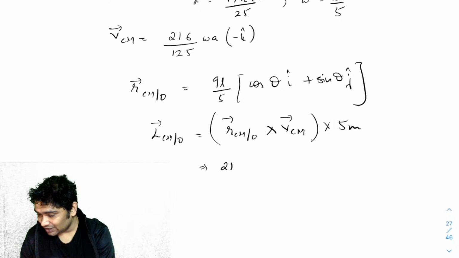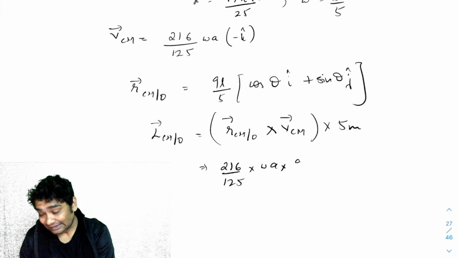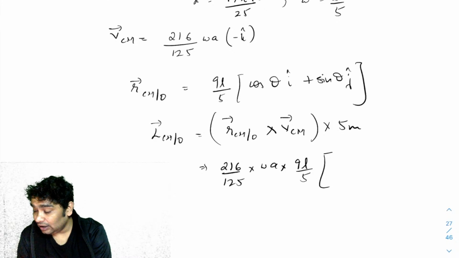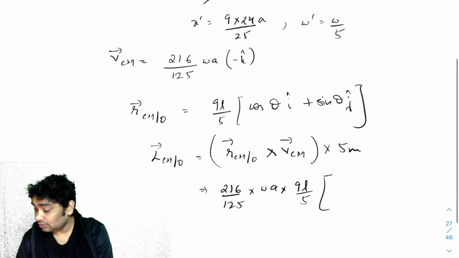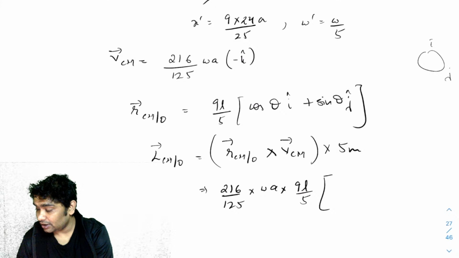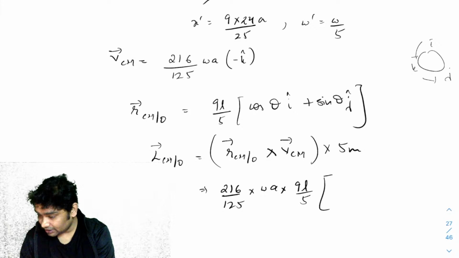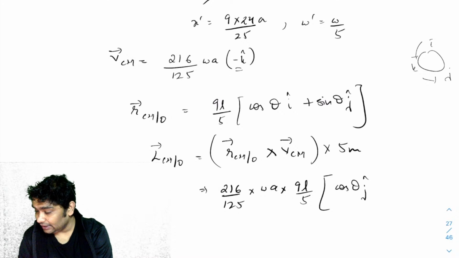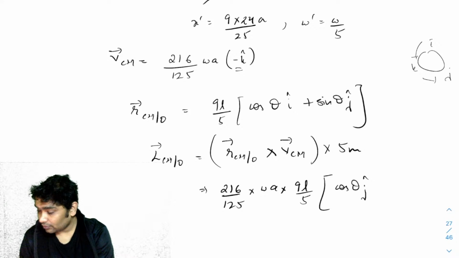I have 216 over 125 into omega a into 9L by 5, and then I have cos theta of i cross, so that is i cross k would have been minus j, and I have a minus sign here, so I would have had cos theta j cap, and then I would have had j cross k.